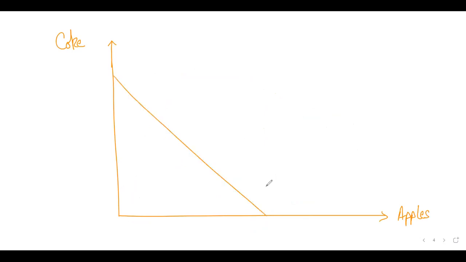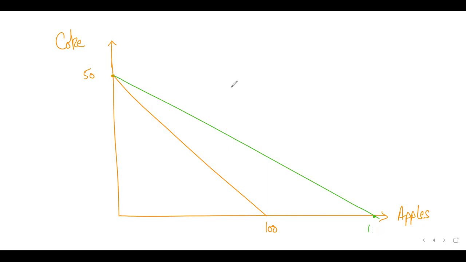So let's assume this is your original budget line where you can buy this many units of Coke and this many units of apples, right? Okay, now let's say apples price is reducing. Now you have to follow it very carefully. So apple price reduces and therefore your budget line will shift outwards from the x-axis. If the price of the product is decreasing, your budget line will shift outwards from that axis only.